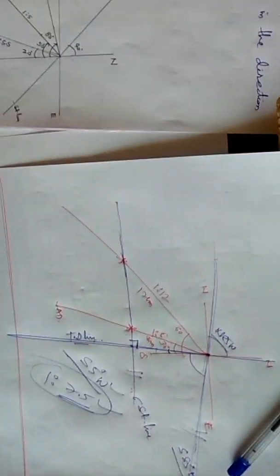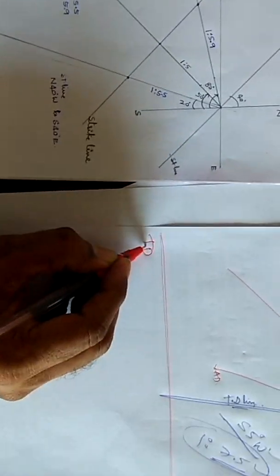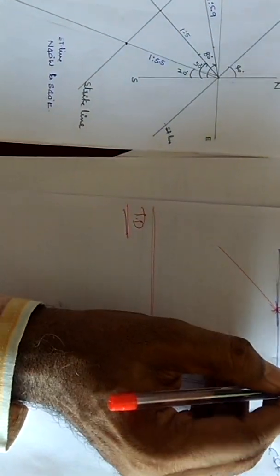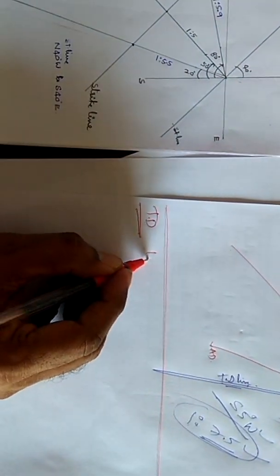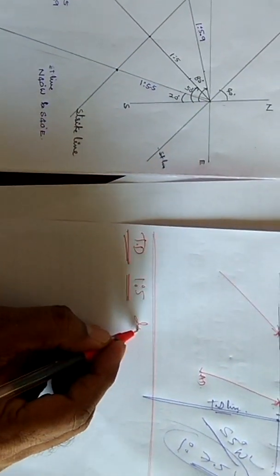In this paper, the data is true dip. One is the true dip he has given, whereas in the earlier question we had the apparent dips. Here he has given true dip, which is 1:5 amount, and due south 50° west is the direction.